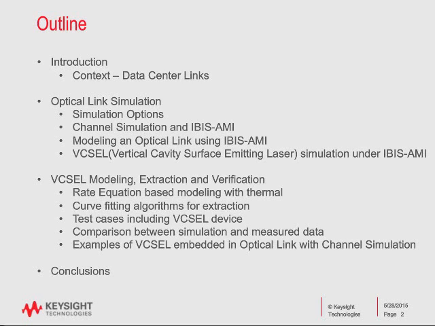And then we'll go on and do the detailed work on the VCSEL itself: choosing a model, what's in the model, what kind of model we have chosen, how to extract it, and then how we verify that it's working. And I'll finish up by showing you some examples of an optical link simulation running inside of a channel simulator. So before we go on and do the detailed stuff, let's look at some background information.